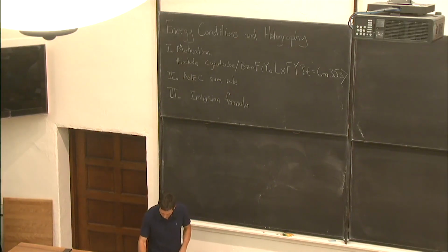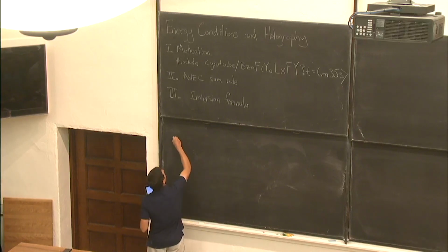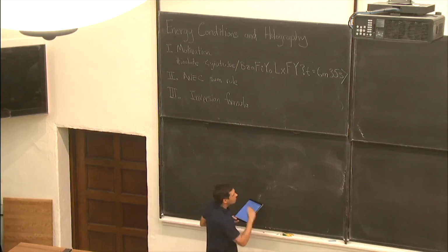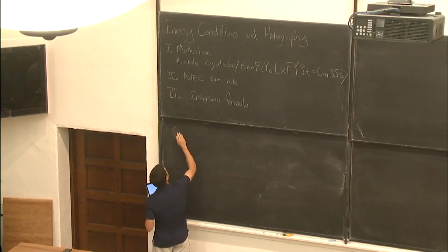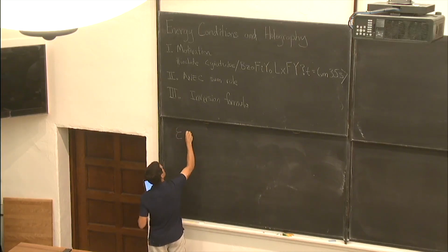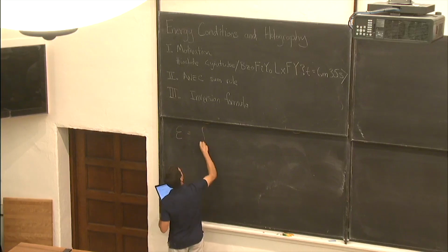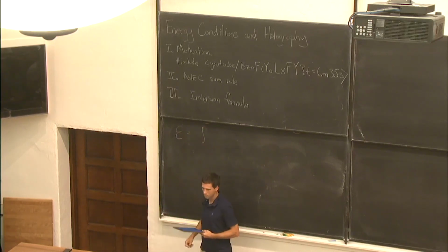So the goal here is to derive the statement that curly E, which is the ANEC operator. I don't think your mic is unmuted. No?